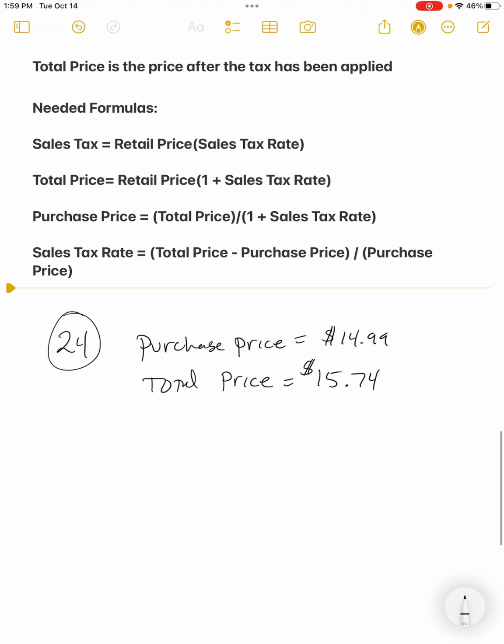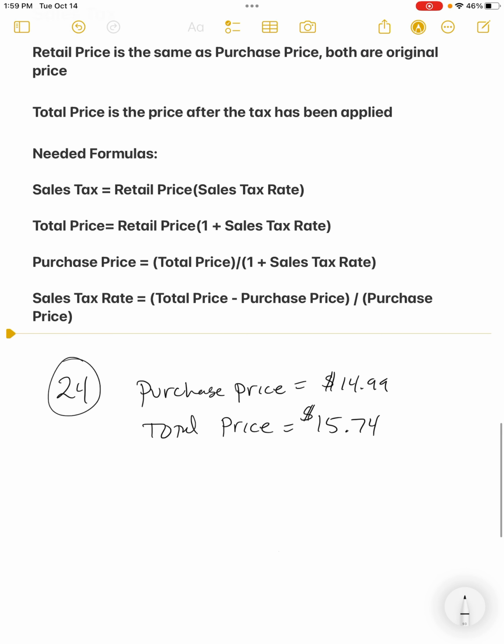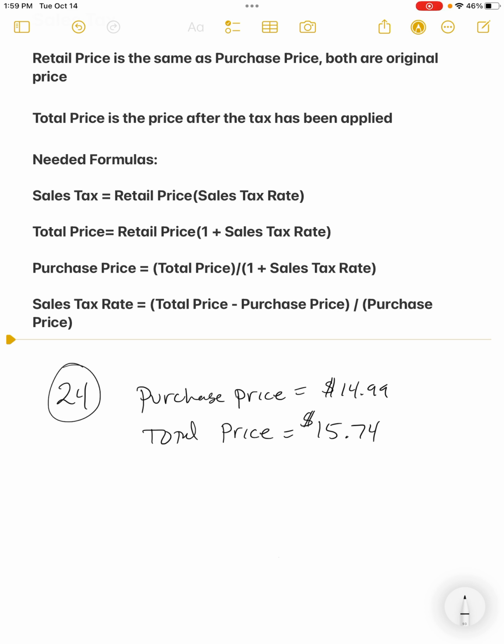So remember what purchase price is: purchase price and retail price are the same thing. It's there up at the top. They're both the original price. So an item is priced on a tag $14.99. You pay for it and they charge you $15.74, and the question is, what's the sales tax rate?